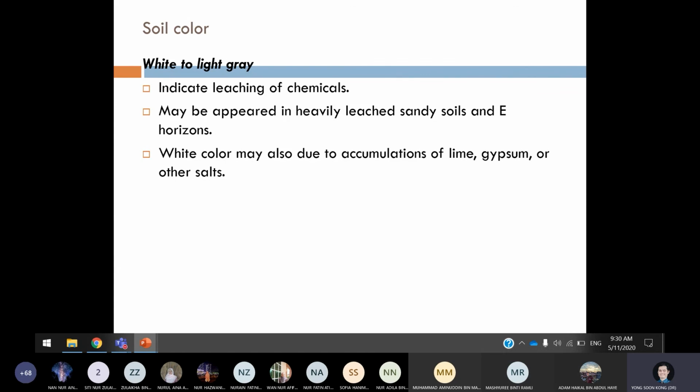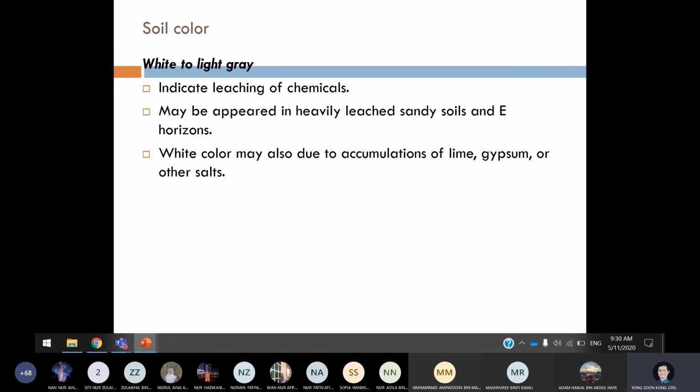Well, probably a bit more white, because if the soil is lacking iron, usually it will look white, just like sand. Sand, what is the color? White color, isn't it? How often do they get gray? Well, not so often, unless it is mixed with a dark component, then it gets a little bit gray.